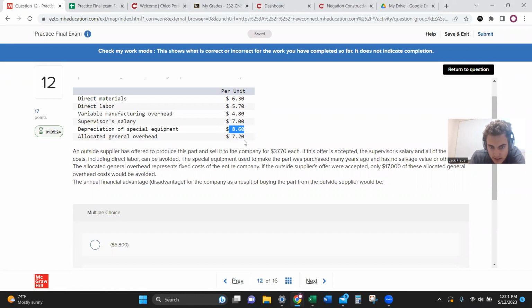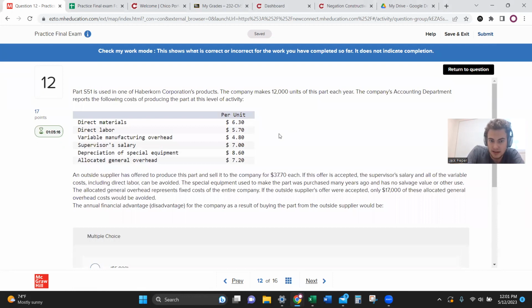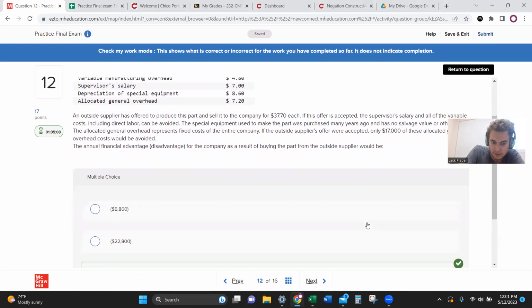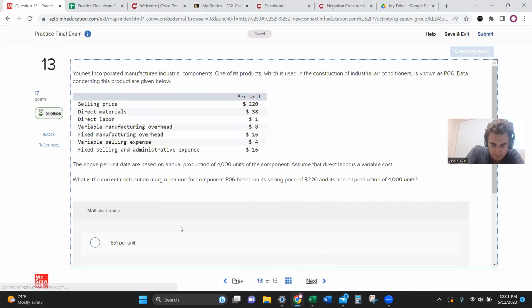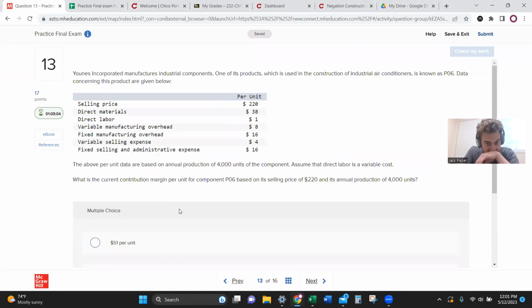We'll have to eat those costs regardless of whether we decide to do this or not. If we do make them in-house, they're kind of like already paid for, if that makes sense, because we're paying these costs regardless of activity level.